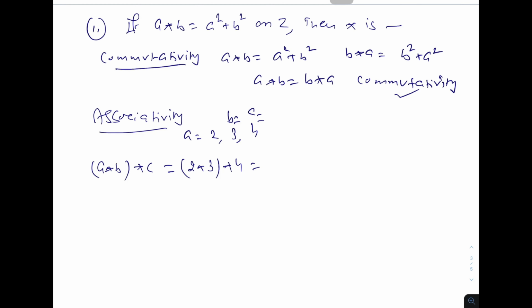So a star b is a square plus b square. So this is 2 square plus 3 square star 4. 2 square is 4, 3 square is 9. So 13 star 4.